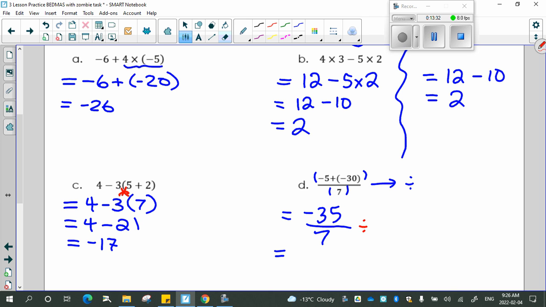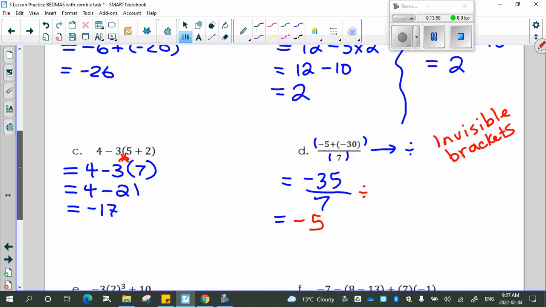So on my calculator, or in my brain, if I'm good at my times tables, -35 divided by 7 is -5. So invisible brackets. You probably didn't think when you saw BEDMAS you'd have to think about invisible brackets as well as the brackets you see, right? So that's the one tricky one there.